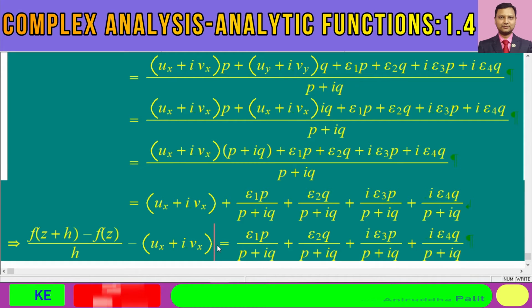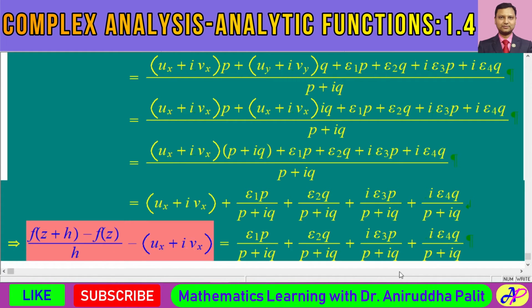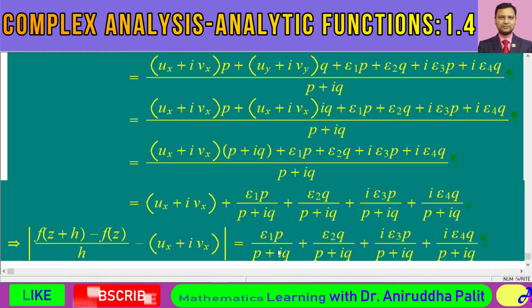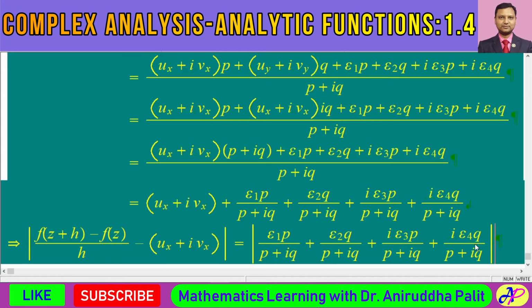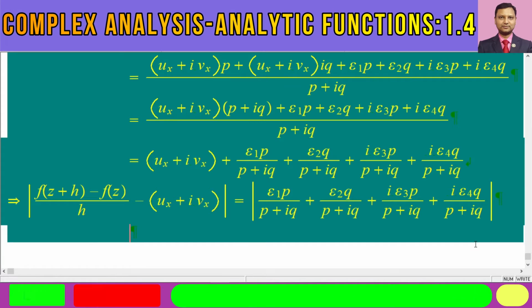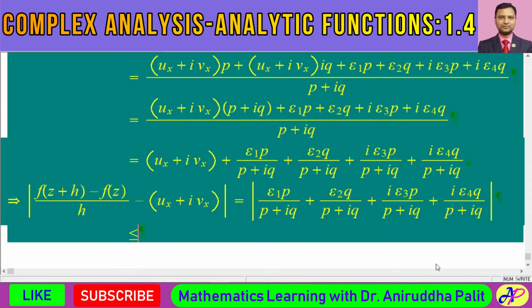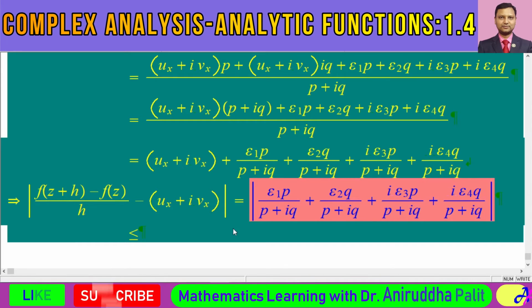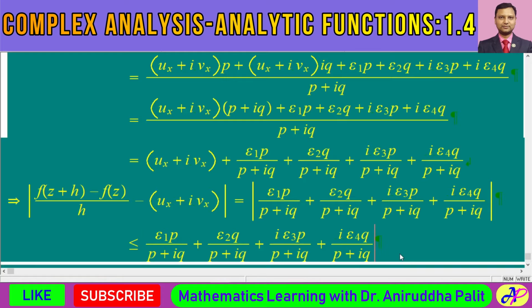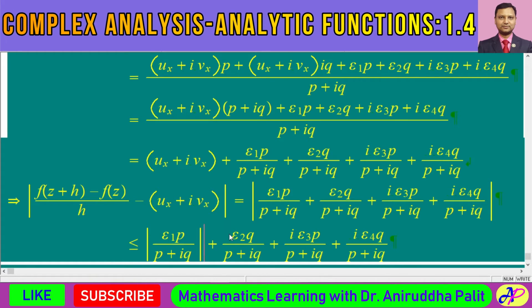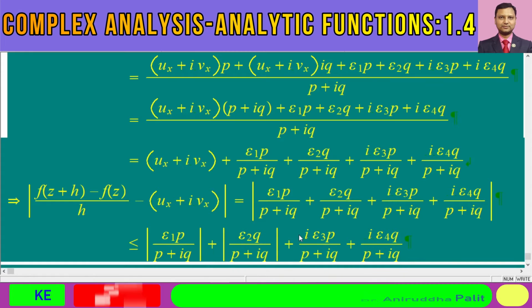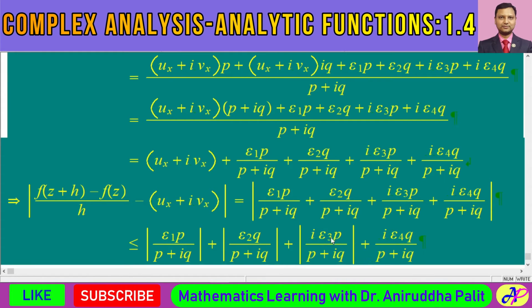Now if we take the modulus of this expression, then this would be equal to the modulus of the right hand side. And that modulus would be less than or equal to the modulus of each and every such term, that is, modulus of first term plus modulus of second term plus modulus of third term plus modulus of fourth term.